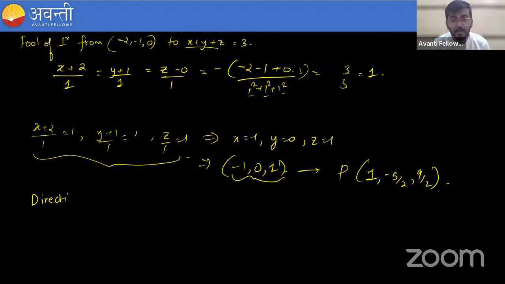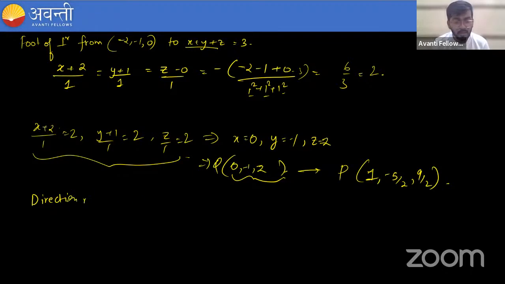So here it will become 6 upon 3, it will be 2. So this will be 2, 2 and 2. x will come out to be 0, y will come out to be -1, and z will come out to be 2. So (0, -1, 2) is the point, and let's say this is Q.